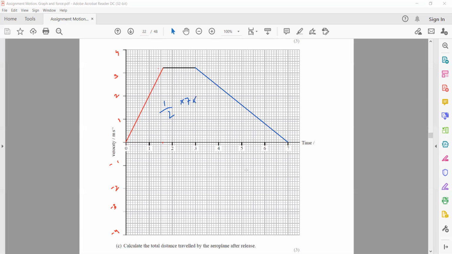So half the sum of the parallel sides, that is 7 plus 1.4, times the height, which is 3.2. Multiplied by 3.2, you'll get the total distance, which will come out as 12.6 meters, or 13.4 meters, because the calculation shows 13.4. Is this part clear?